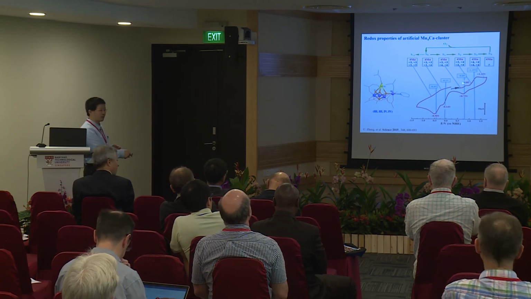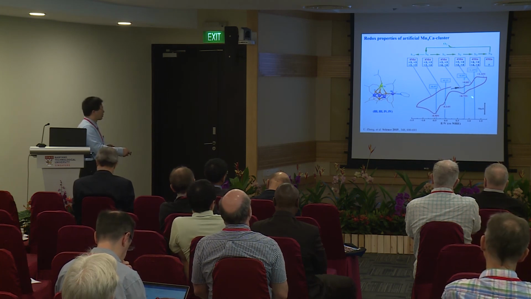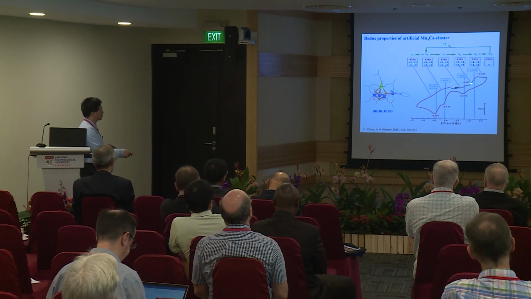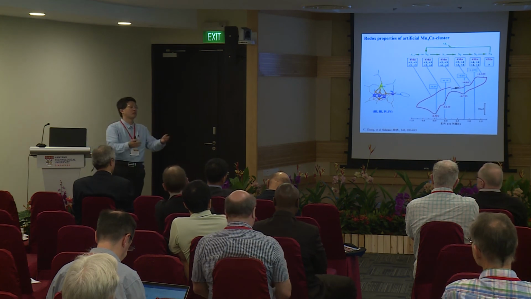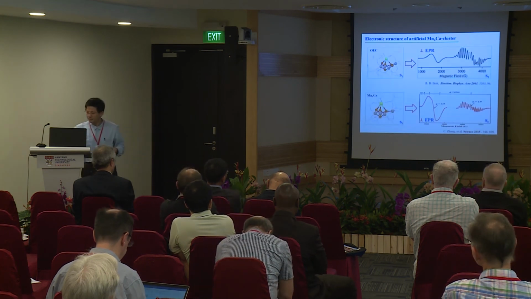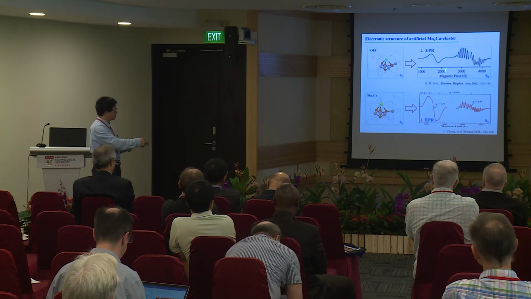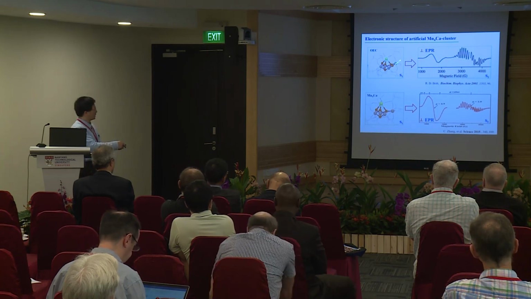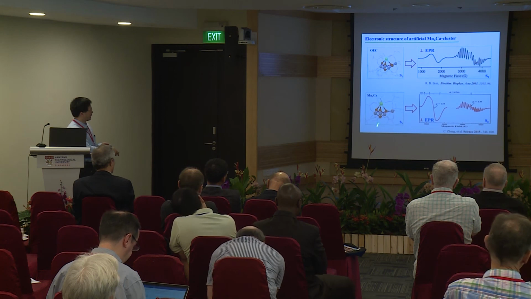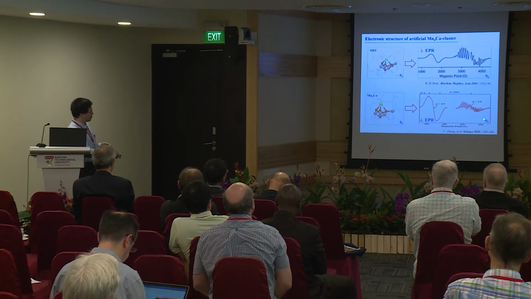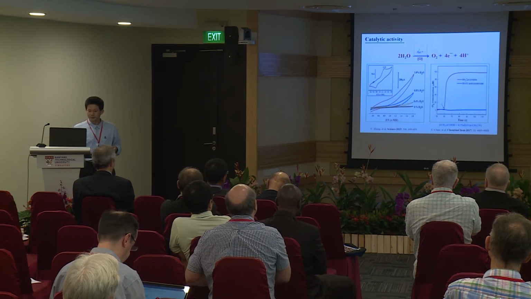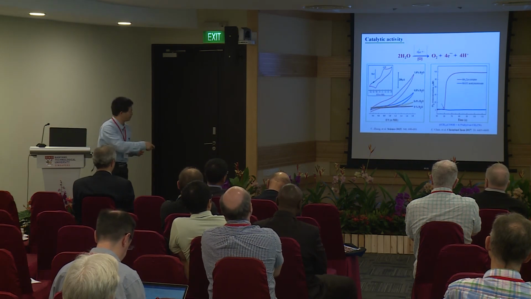It can carry out a 4-electron reaction. From the ground state S1 to the S2 state, the redox potential is about 0.8 volt, which is close to the OEC. This is the fingerprint EPR signal from the S2 state, and here is our EPR signal, also from an S2 state. So it is active.